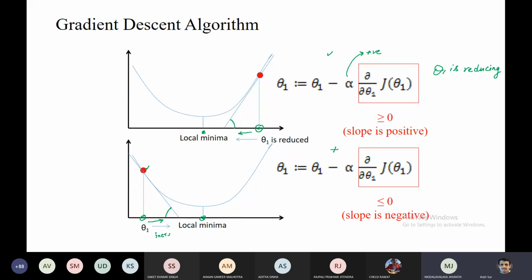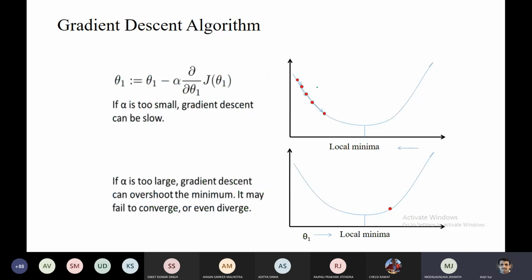Previously it was decreased, now it is increased, and it is coming to the local minimum. So this is the geometrical illustration that this equation makes sense. And you can easily extend this to two dimensions or any higher dimension. Geometrically it is the same thing.